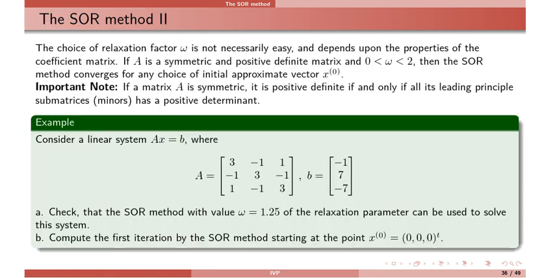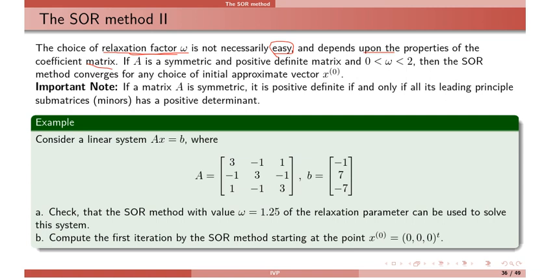And what theory says is that this omega is called the relaxation parameter, and its choice is not quite easy to compute. It depends upon the properties of the coefficient matrix and is computed from the spectral radius.